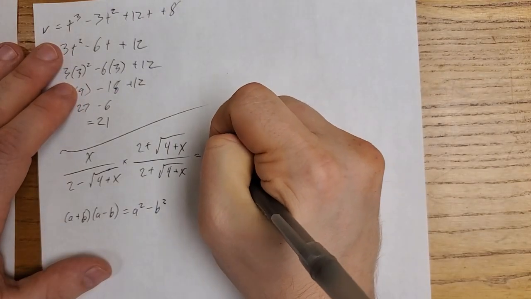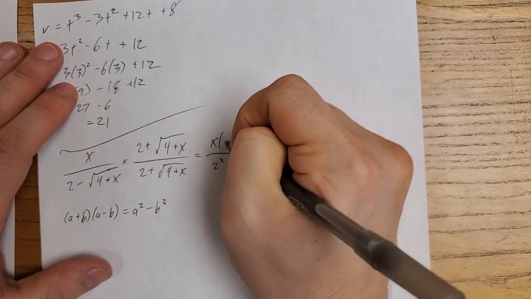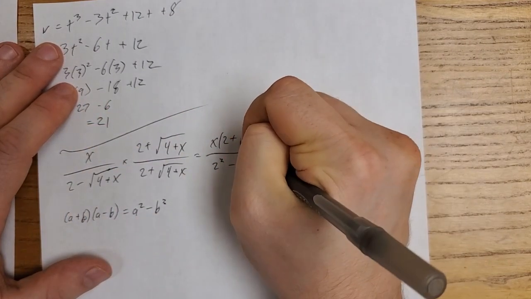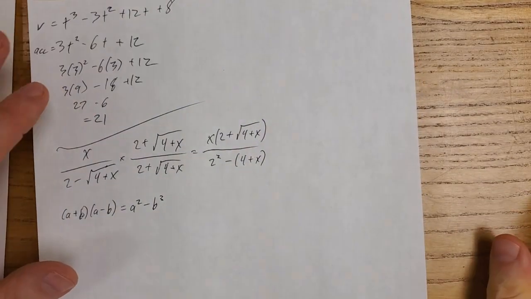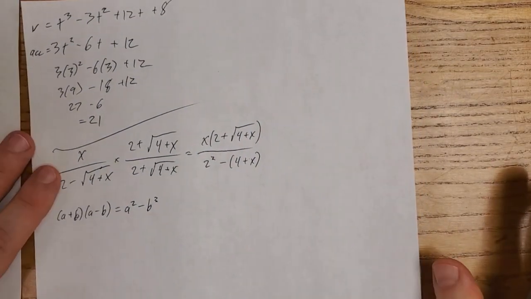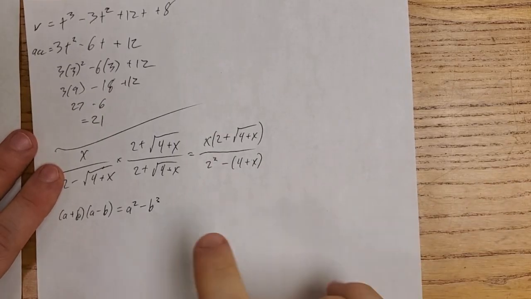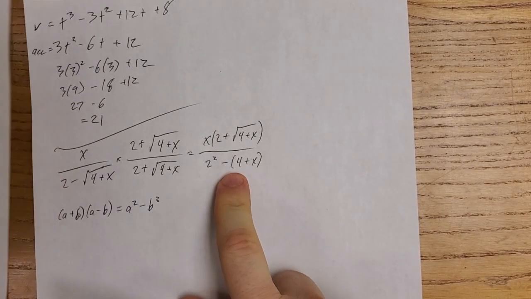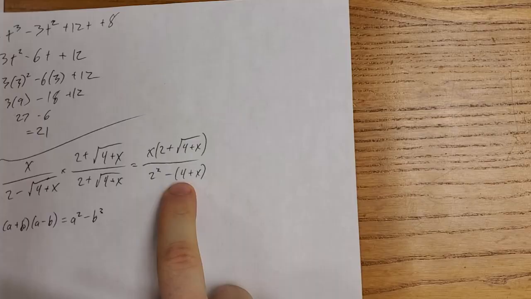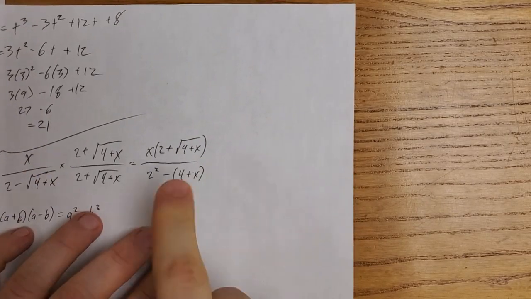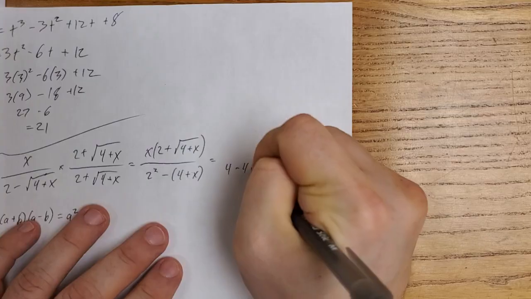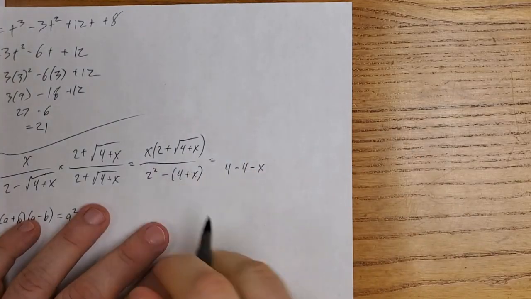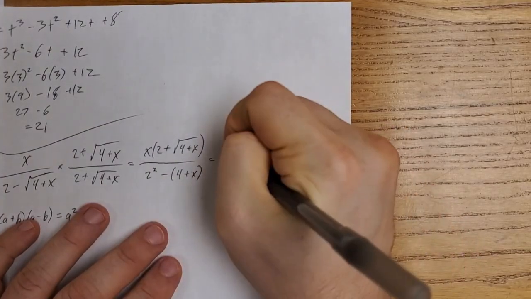And then we have the x on top from over there times the 2 plus the root of 4 plus x. So we also notice here that 2 squared equals 4. And we're subtracting, well, 4 minus x, because the negative carries through.